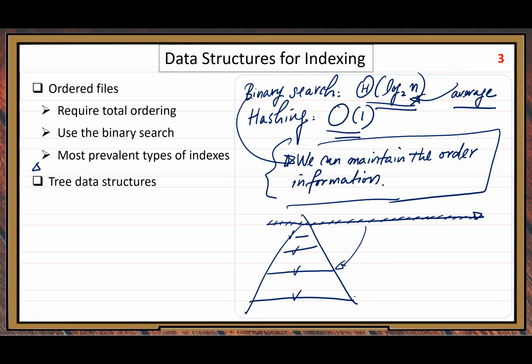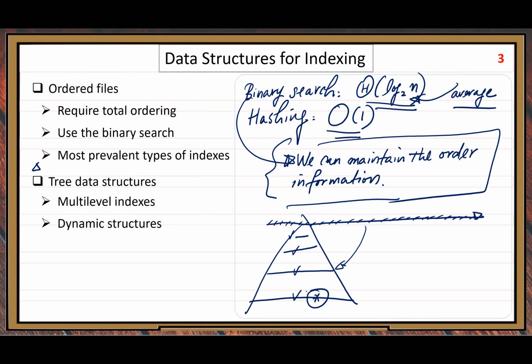The benefit of this tree structure is that even if you have a huge amount of data, you can use a very small number of comparisons to find the data anywhere in the tree. That's the idea. We call them multi-level indices.